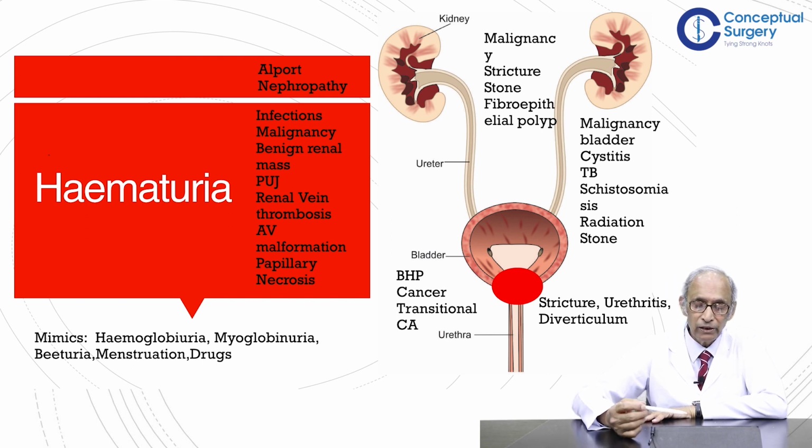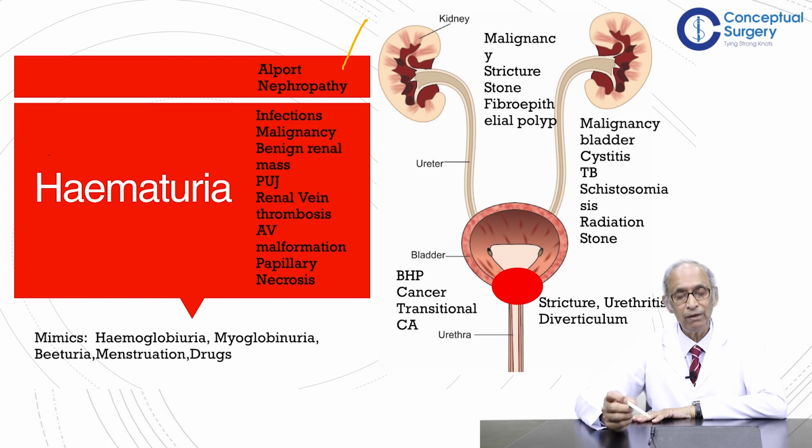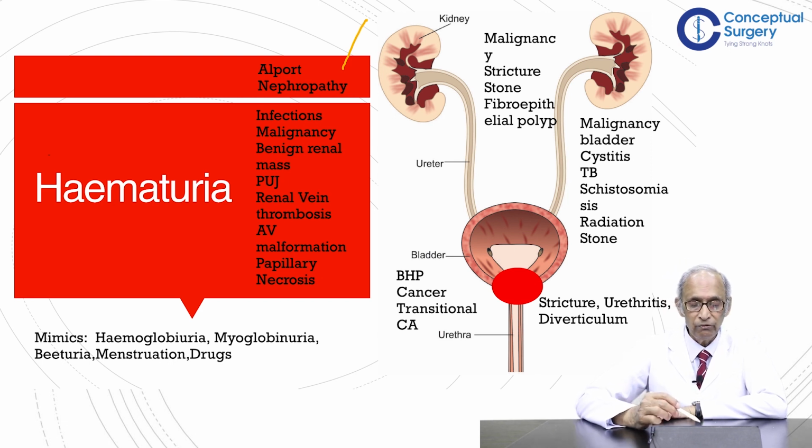So if you look at it in that sense, Alport nephropathy is a congenital cause for hematuria. Infections, for example pyelonephritis, would give rise to it. And any kind of malignancy, either an RCC or a transitional cell carcinoma, can also cause it. A benign renal mass, for example an angiomyolipoma, or for that matter an oncocytoma, can also produce hematuria.